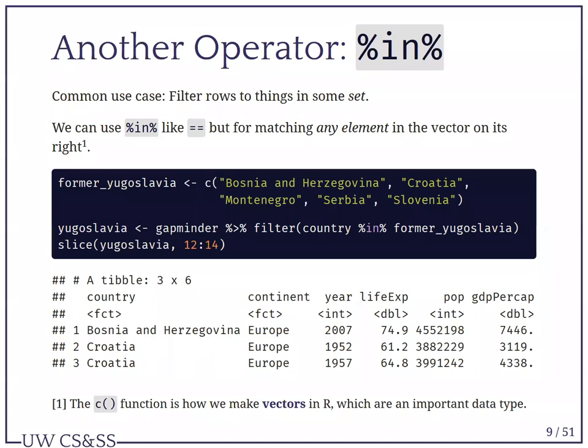Another question. Are things surrounded by the percentage signs macros? They are operators. So the percent and the pipe are both just trying to tell you that these are functions that take arguments on either side of them.